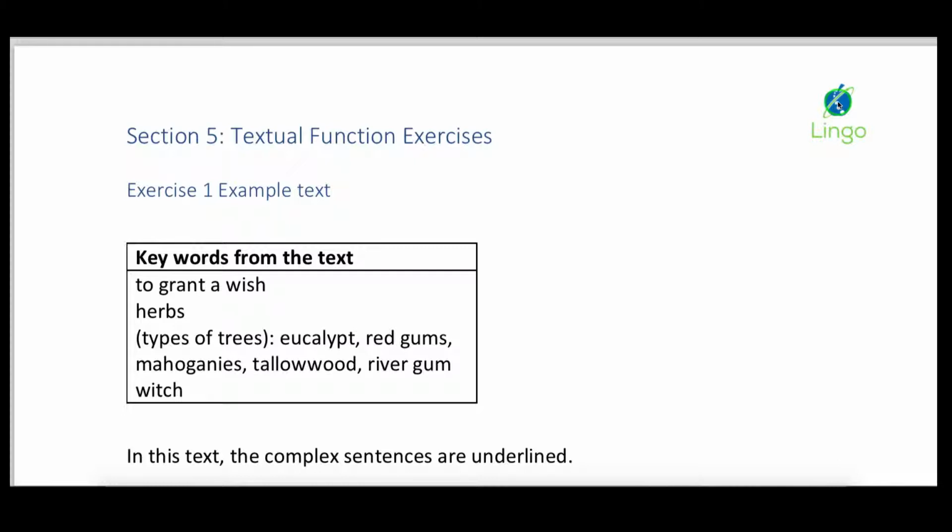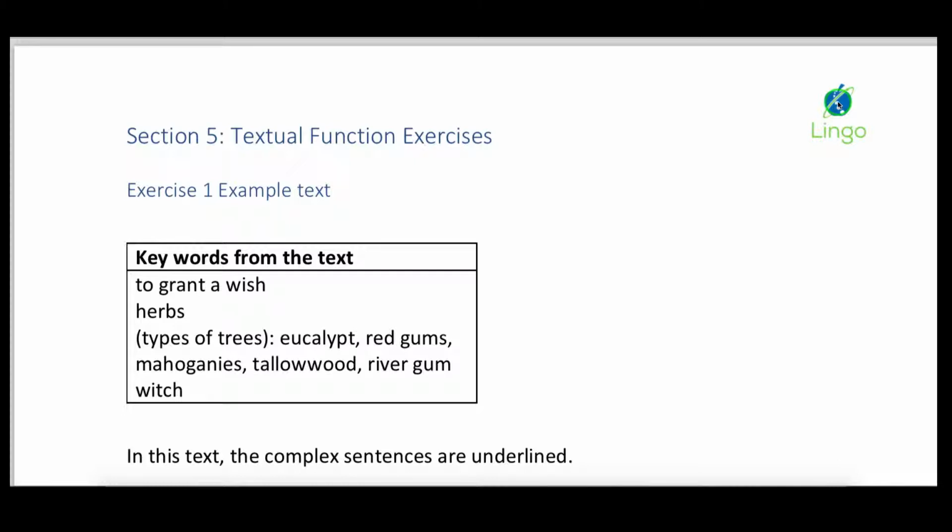Now what that means is you could have a sentence with two clauses, but if one of those clauses is rank shifted, then it's still a simple sentence, because one of those clauses would be functioning at the level of group. Now, a complex sentence, on the other hand, is a sentence that's made up of at least two ranking clauses.